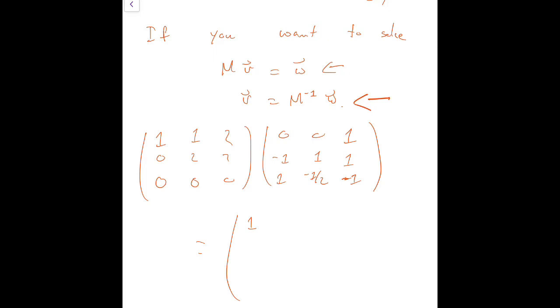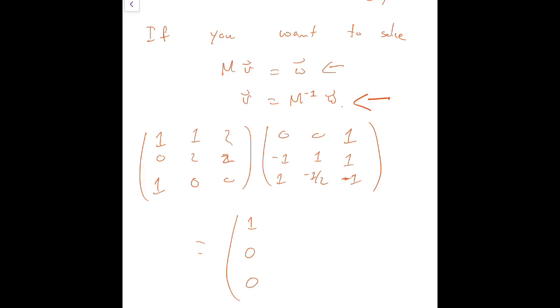The middle entry is 0 times 0 plus 2 times minus 1 plus 1 times 2, that's 0. For the bottom entry, M has a 1 there, sorry about that. So it's going to be 0 times 1 plus minus 1 times 0 plus 1 times 0, so that's going to be a 0.